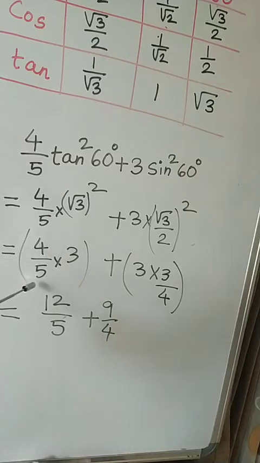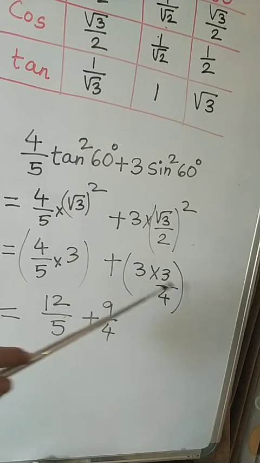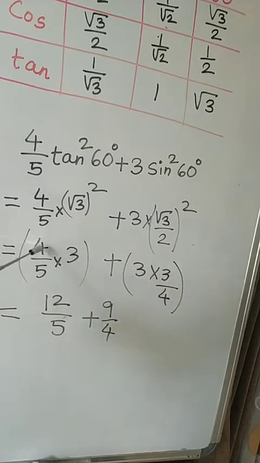See, when you are opening this bracket, there was no cancellation possible, and when no cancellation is possible, all you do is multiply the numerators and write the denominator as it is. In this case, no LCM. Since multiplication is there, LCM is not there. LCM is when there is addition or subtraction.